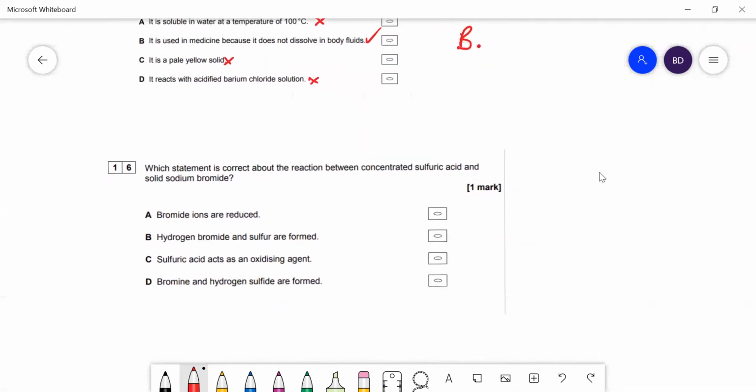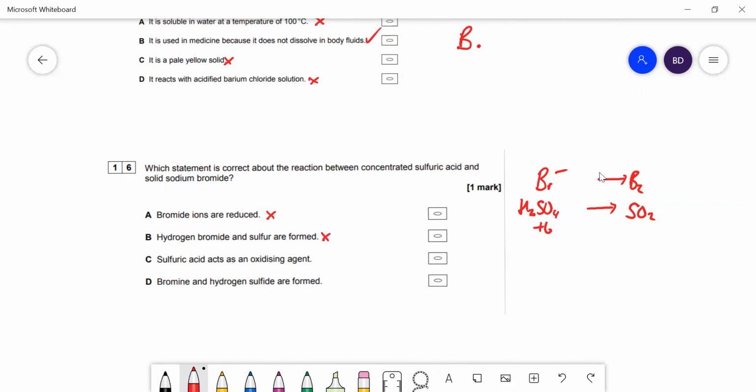You should just know that it's very insoluble. Which statement about the reaction between concentrated sulfuric acid and solid sodium bromide? Well, concentrated sulfuric acid will oxidize bromide ions to Br2, and in the process, the sulfuric acid gets reduced from the +6 oxidation state down to the SO2. Right, so bromide ions are reduced, wrong because they're oxidized. Hydrogen, bromide, and sulfur, that's not right.